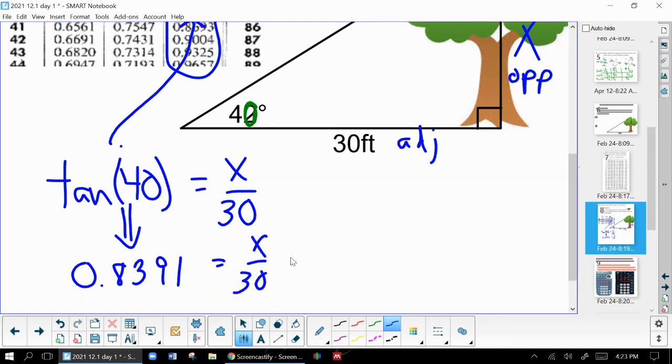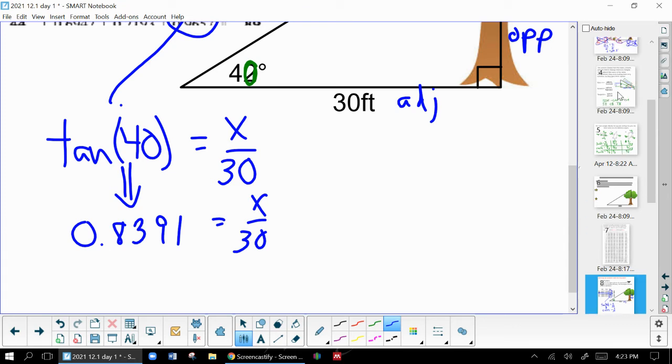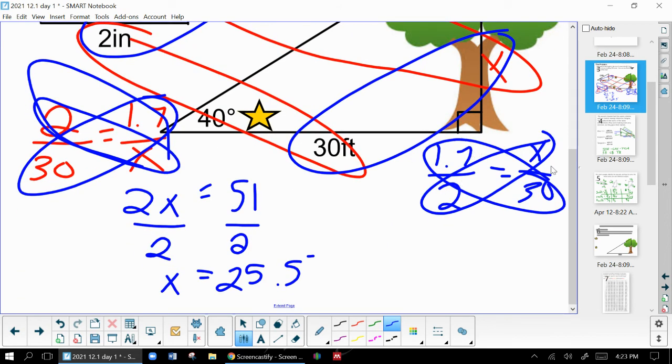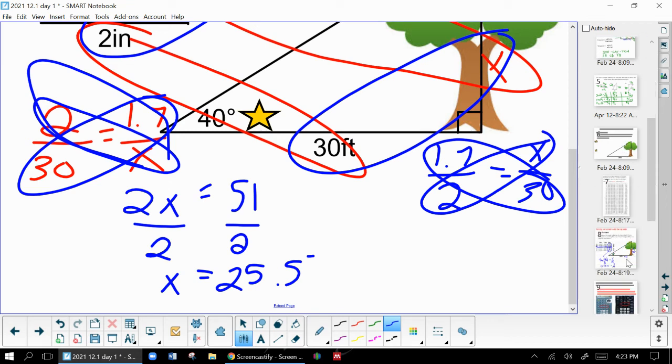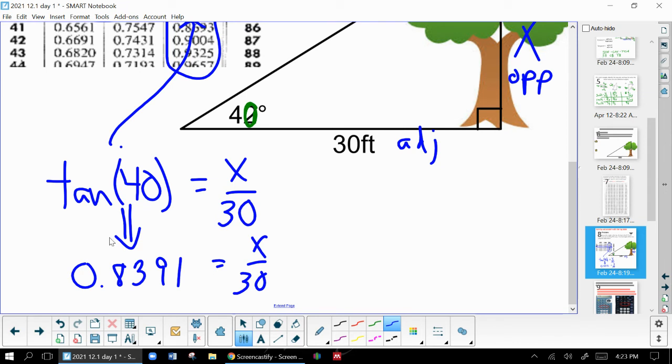equals x over 30. So this side, the left-hand side, is just taking the place of this triangle here, this 1.7 over 2. 1.7 over 2 equals x over 30. And instead of the 1.7 over 2, now I have tangent of 40, which I know that value.